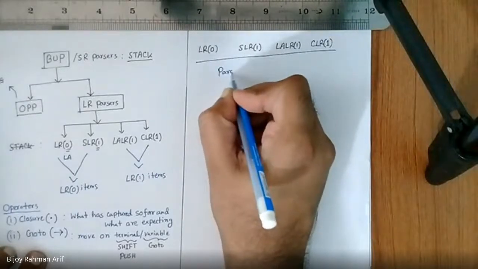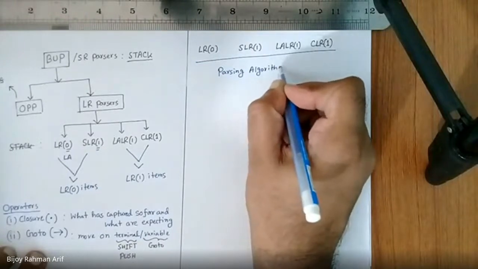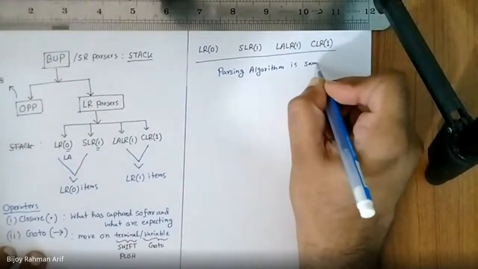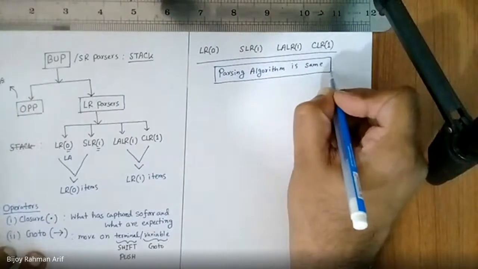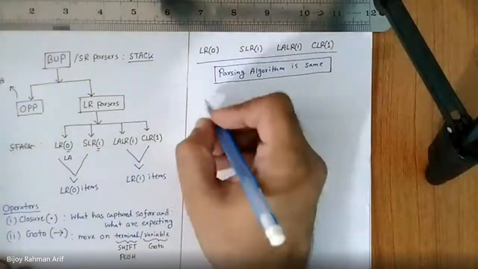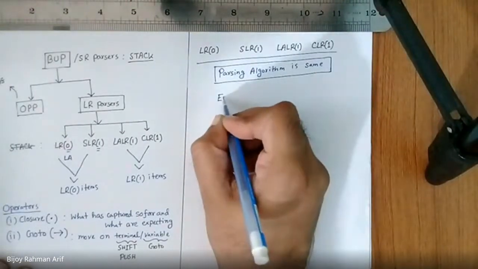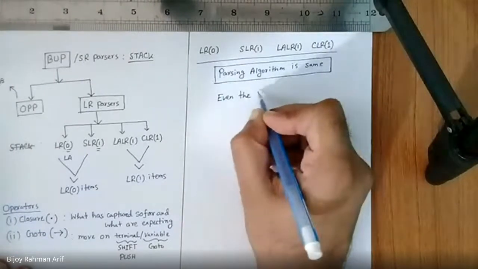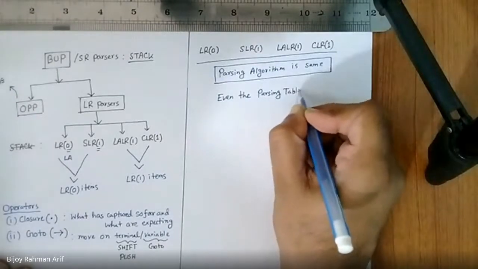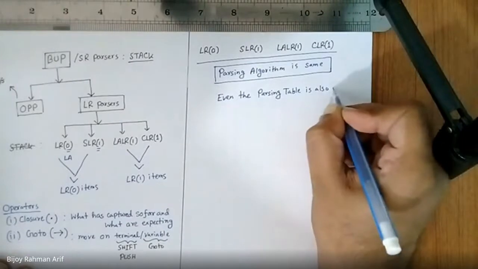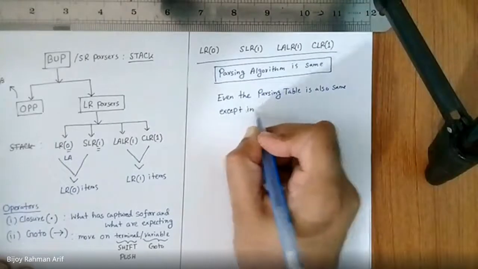There is no difference in the parsing algorithm. Even the parsing table is also the same, except in the reduce part.